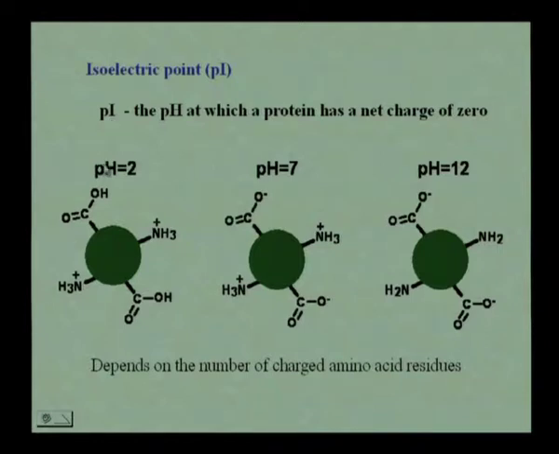So, if you have a polypeptide, you can determine the pI from just a knowledge of the content of the polypeptide. You know the number of charges, and you know you have to come to a net charge of 0 to attain the pI.